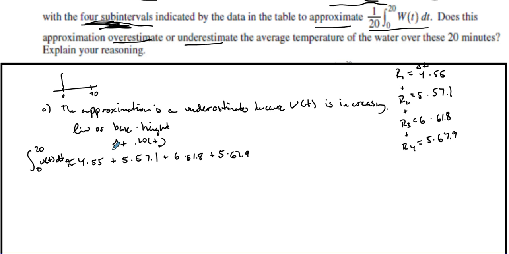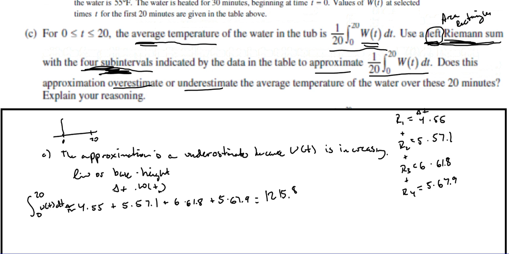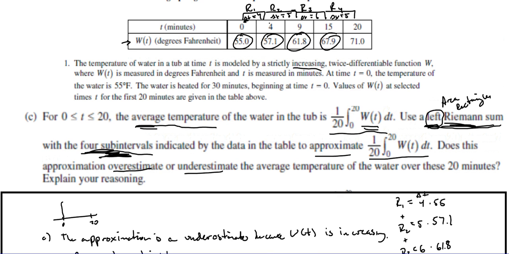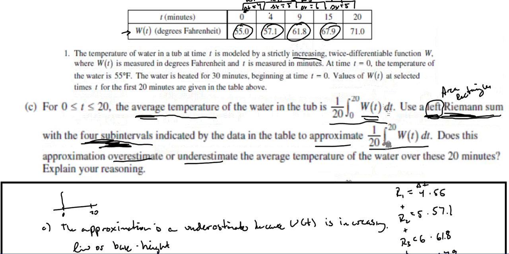So I got right here, this value is 1,215.8, and that is the value of that one. So the average temperature of water. Now this is actually the temperature increased between 0 and 20 by 1,215.8 degrees Fahrenheit.